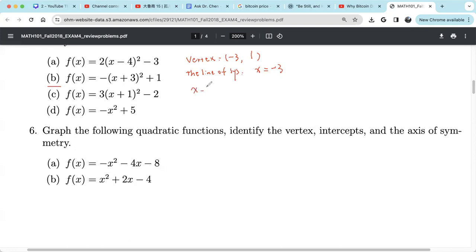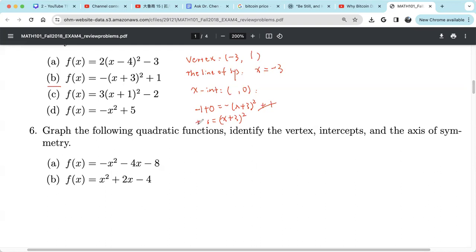Then let's figure out the x-intercept. For the x-intercept we set the function value to be 0. So that means 0 equals negative (x plus 3) squared plus 1. We move 1 to the other side, it becomes negative 1. Then multiply by the negative sign, negative 1 on both sides. We get 1 equals (x plus 3) squared.